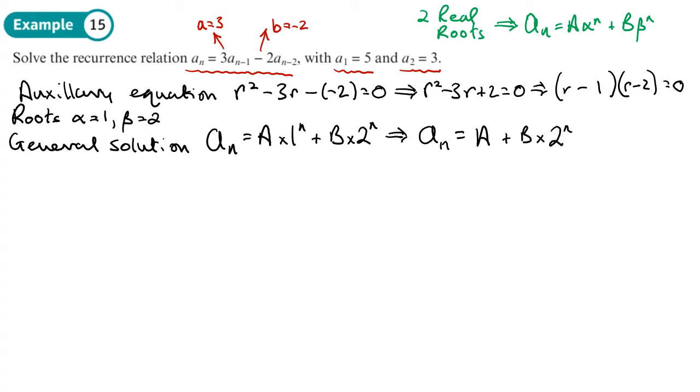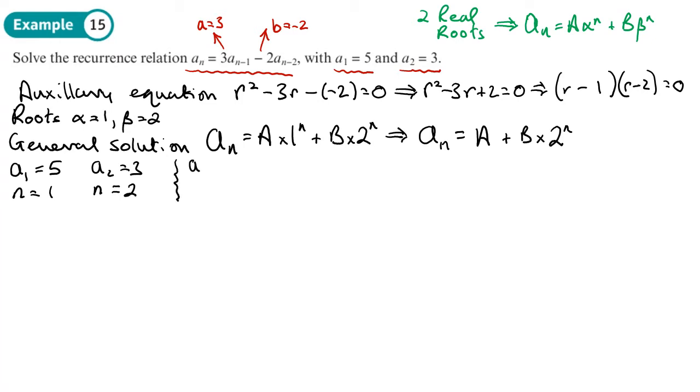So now we can use our initial conditions. a1 equals 5, which means n equals 1, and a2 equals 3, which means n equals 2, and we can use these initial conditions to find the value of the arbitrary constants. So let's start by substituting in a1.